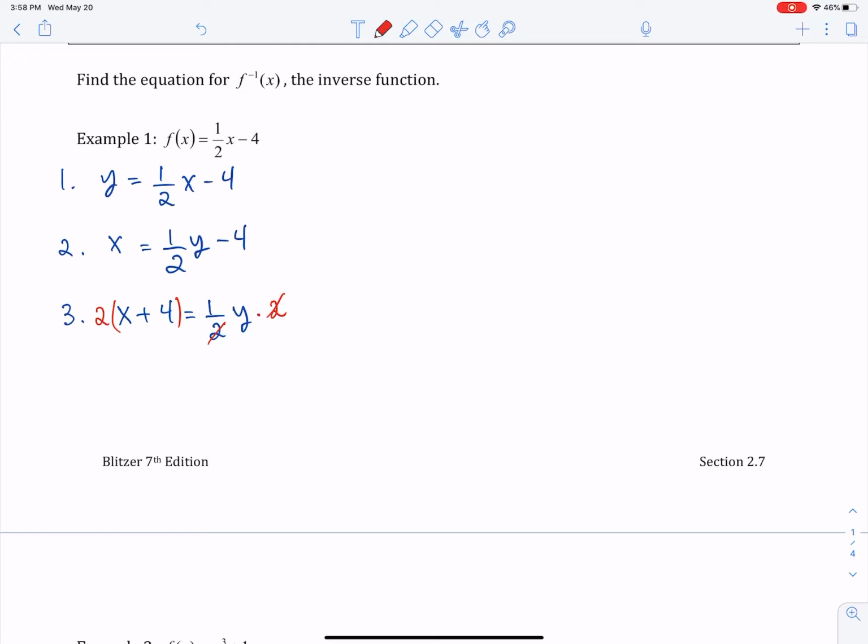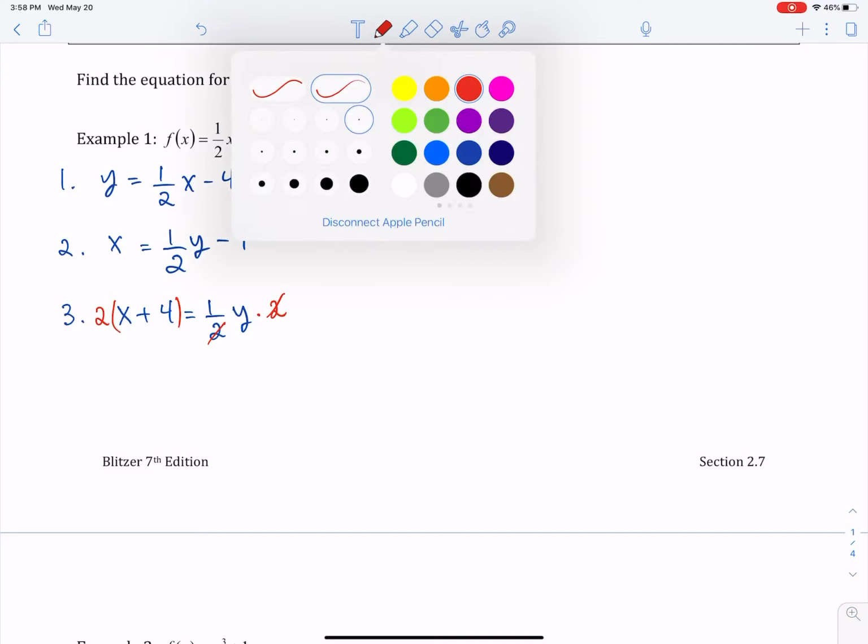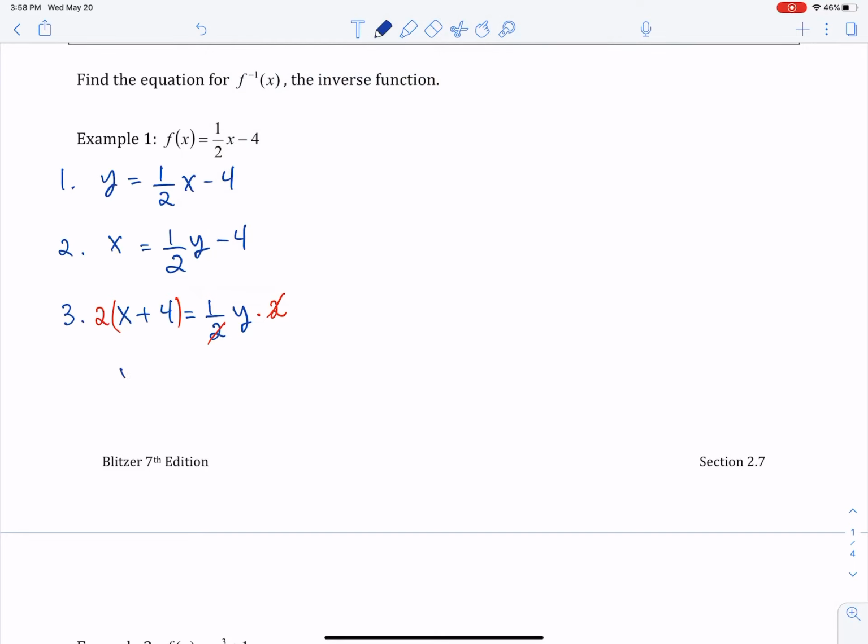And this 2 is going to cancel that denominator here. So we end up having y is equal to 2x plus, and I'm going to distribute that 2, 2x plus 8. As step 4, we're going to say the inverse function of x is equal to 2x plus 8.